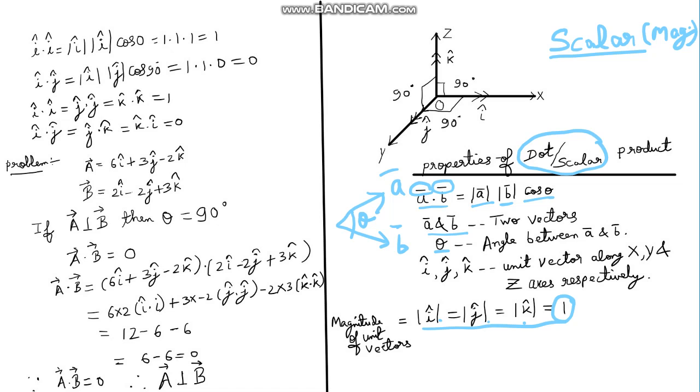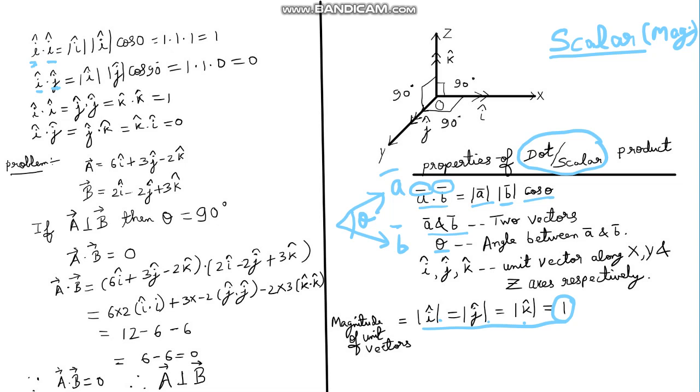Now when you take the dot product, suppose i and i, these are two unit vectors, both the same unit vectors. Here i and j are both unit vectors but different ones. One unit vector is along the x axis, one is along the y axis. Here one unit vector is along the x axis, and the other is also along the x axis.